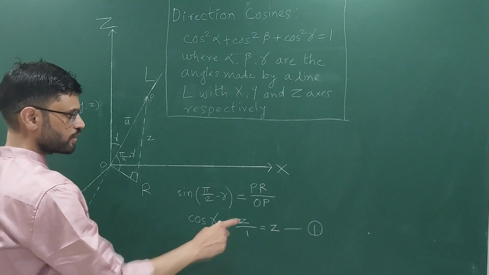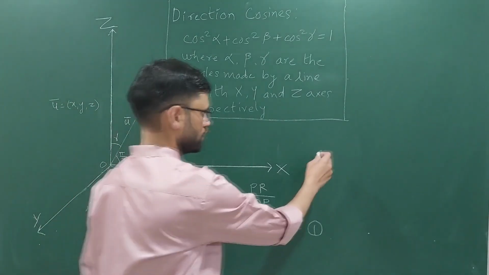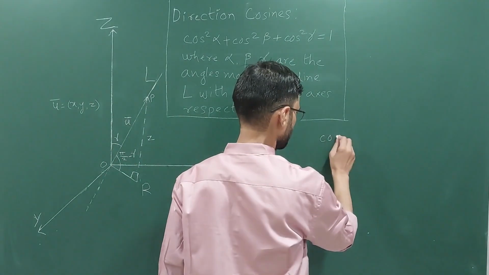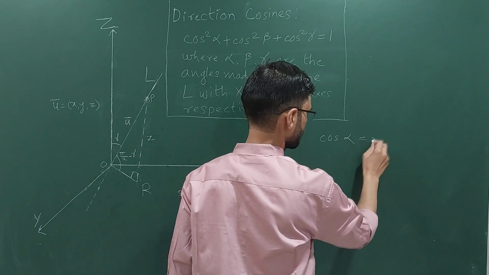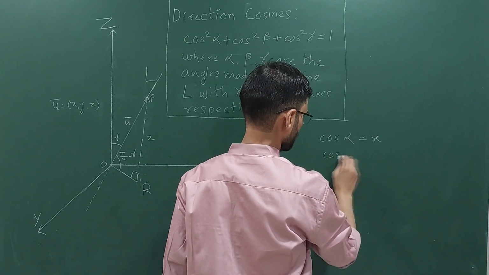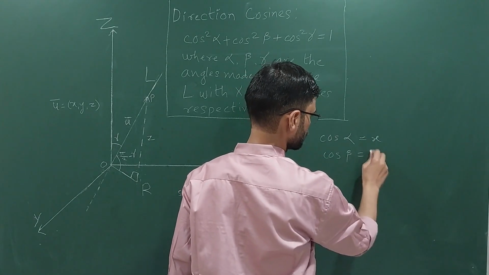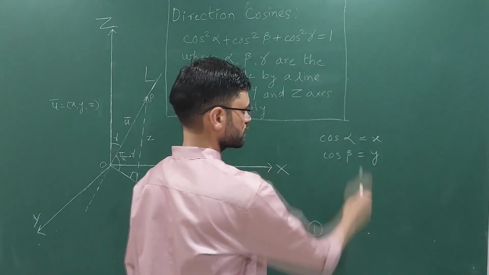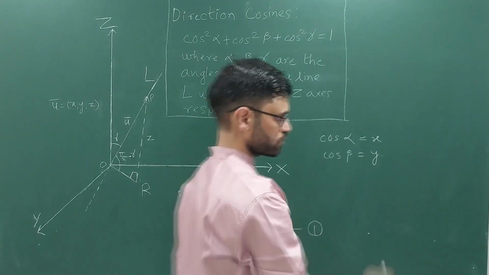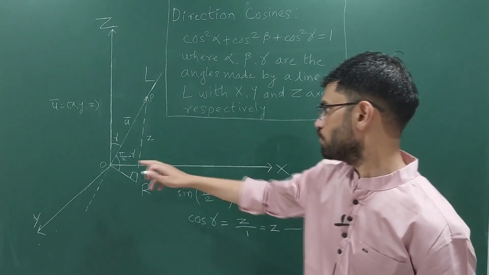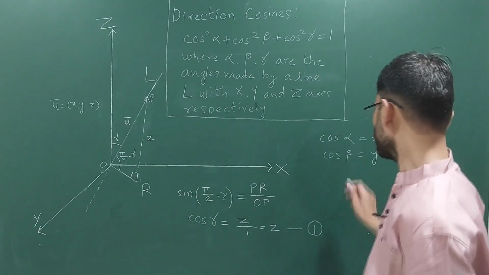So similarly we can write cos of alpha equal to x and cos of beta equal to y, where x and y are the coordinates of vector u. Now what do we have?